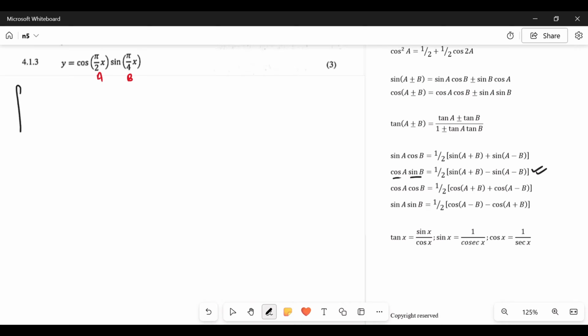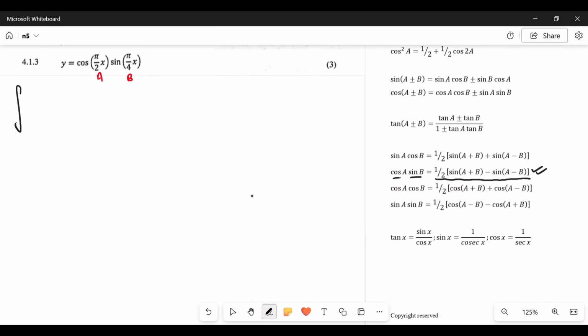Remember, we need to introduce the integral sign there. So if you look at this here, it's supposed to be substituted. We have half, right? And then open bracket, we have sine of a plus b, but our a here is actually pi over 2 x plus b, which is pi over 4 x.